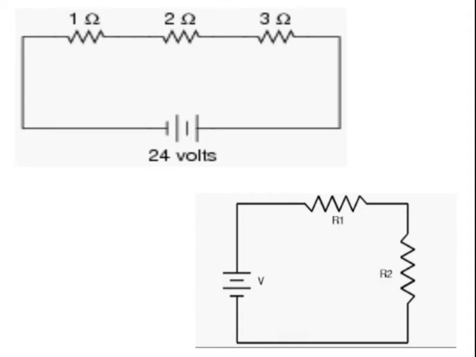So let's first talk about the 1 ohm and 2 ohm resistors. Let's forget that there is a third resistor which has 3 ohm resistance. We just concentrate on the 1 ohm and 2 ohm resistors.